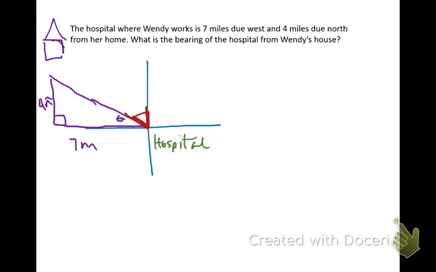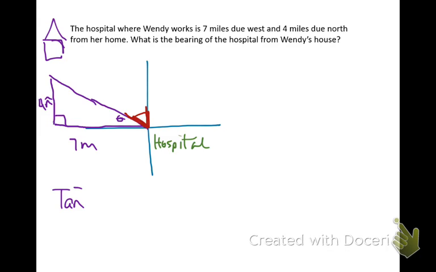There's the 90. Sine, cosine, or tangent? What side is this right here? Is that the hypotenuse? Okay. Do we have a value for the hypotenuse? No. So which function do we need to be using? Tangent. All right. So tangent.